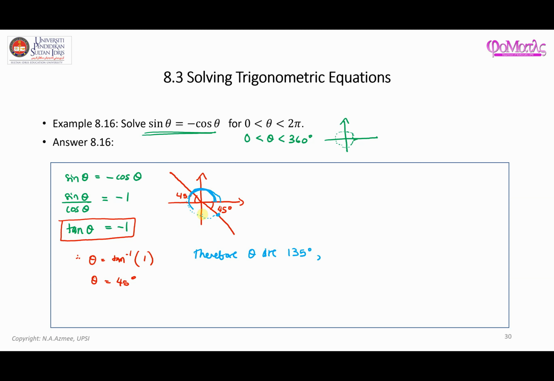So for this one, theta is 360 minus 45, which is 315 degrees. And we're going to express it in terms of radians. So now theta in terms of radians are just 3 over 4 pi and 7 over 4 pi.